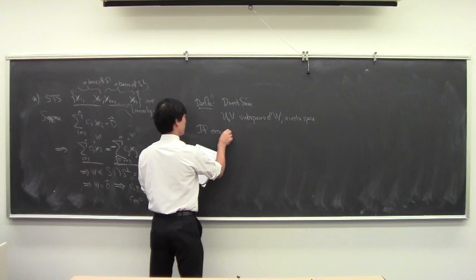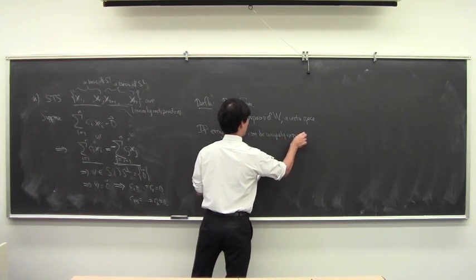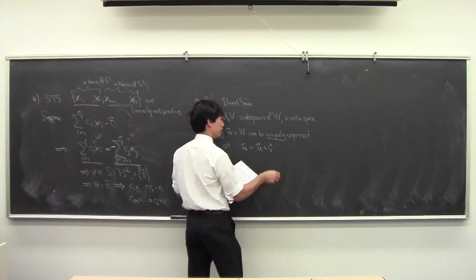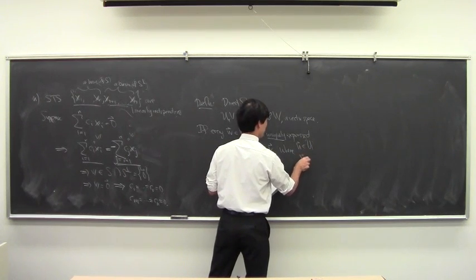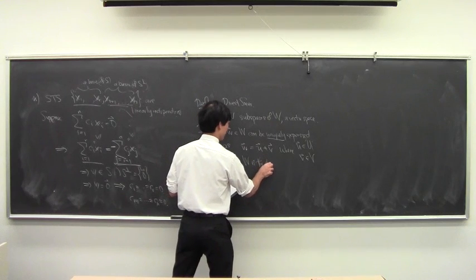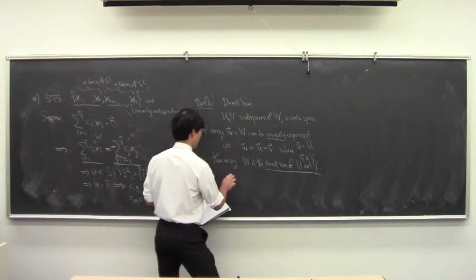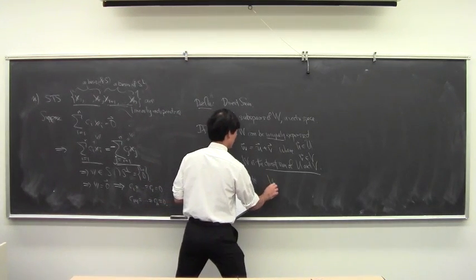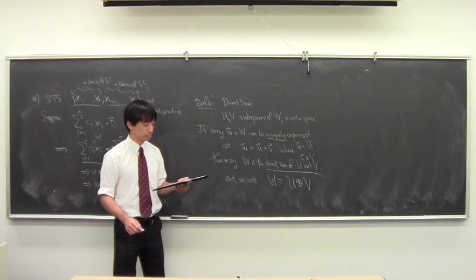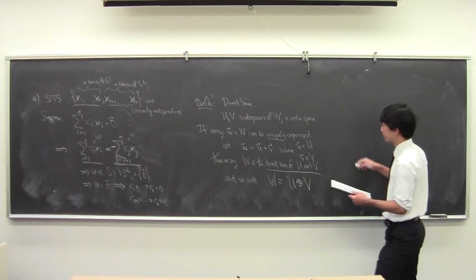If every w in W can be uniquely expressed as a sum u plus v, where u is in U and v is in V, then we say W is the direct sum of U and V. And we write this as W equals U direct sum V. Okay.